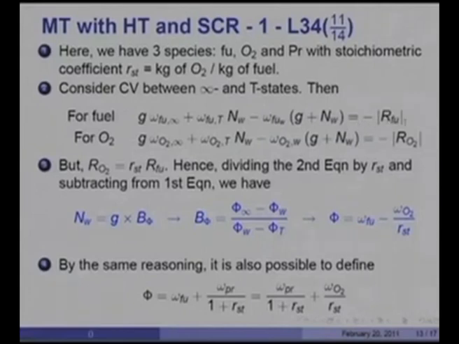equal minus RFU dot. For oxygen likewise the same expression equals minus RO2, because in the considered phase in the presence of chemical reaction both fuel and oxygen would be depleted.